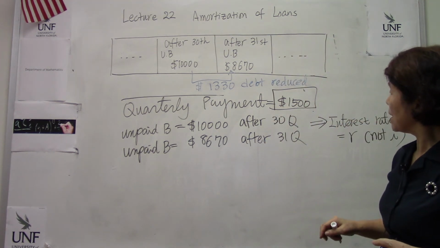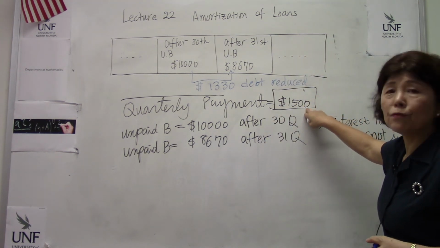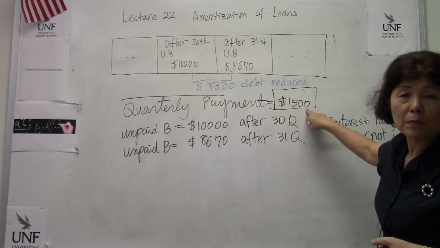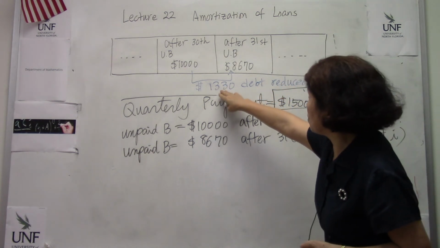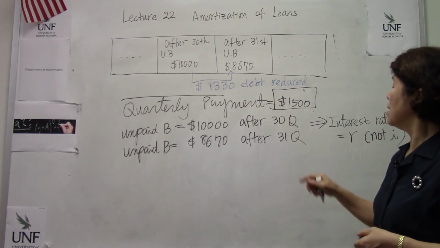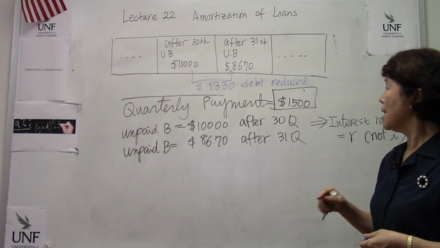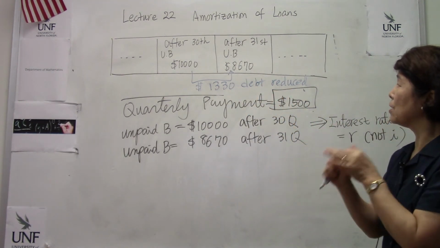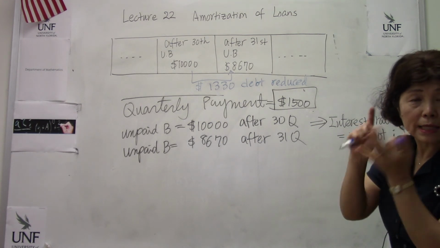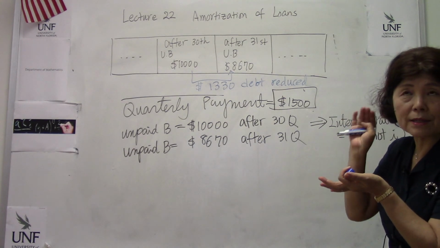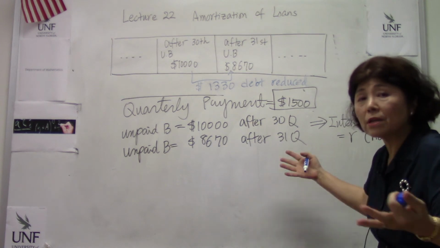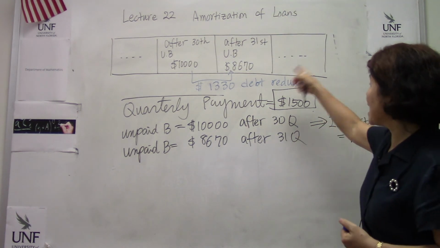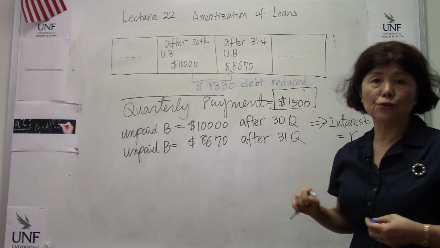So let's look at that. You make a payment of $1,500, but you reduce the debt of just $1,330. So there is a difference, right? There is a difference which is $670. So this $670, where does it go? Yes, that is the interest you paid.